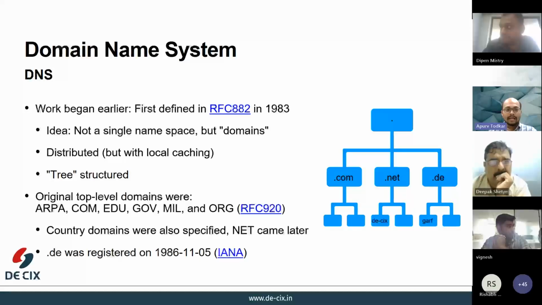These top level domains were used earlier and are still being used today. .net is a quite common domain that is widely used even today, which came a bit later. And the German top level domain .de was registered in 1986.